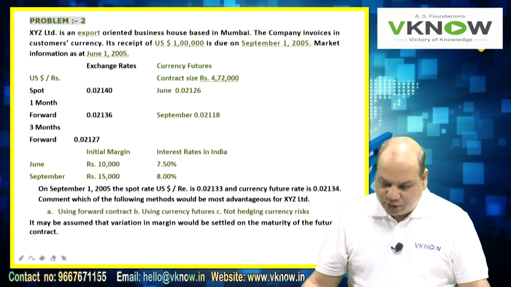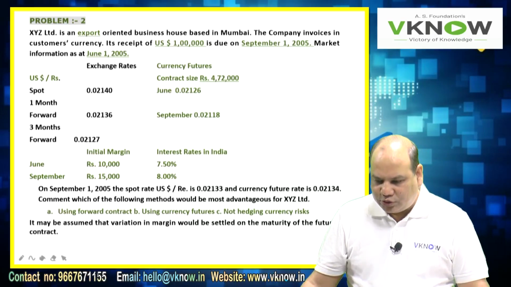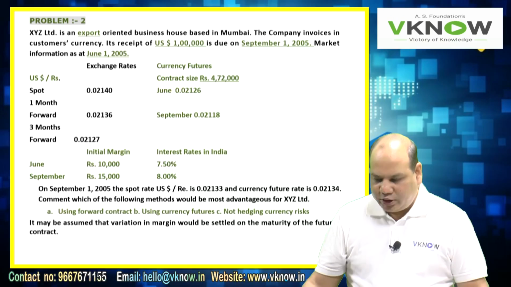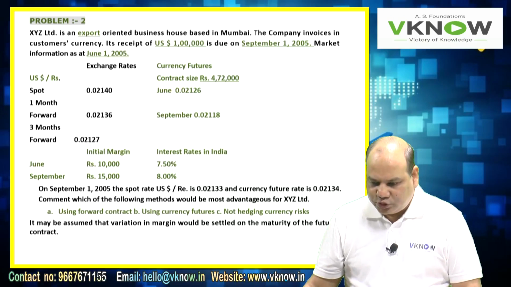Read the problem carefully. Here it is written exchange rate, and then there is another column for currency future. Now the question is going to test your understanding, because the exchange rate is given as US dollar per rupees. For 1 rupees you can exchange so many US dollar. Spot rate is 0.02140.